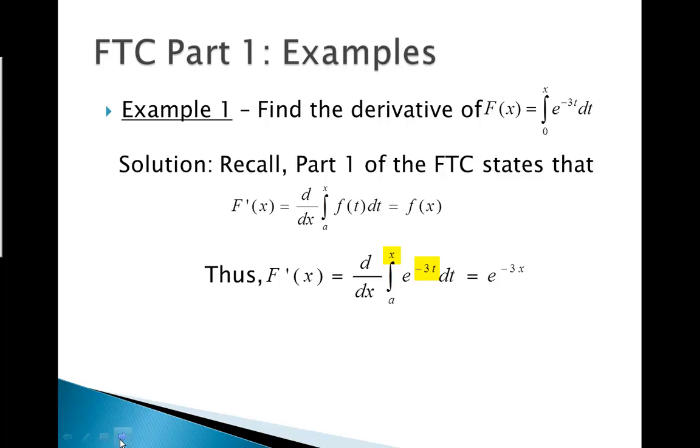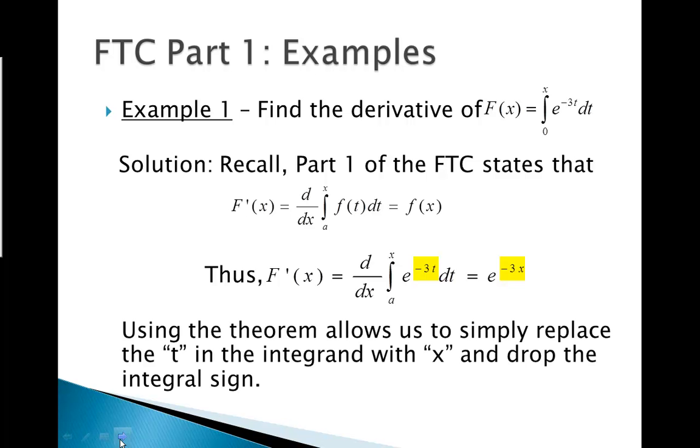So in our case, we replace t with x, and instead of e to the negative 3t, our final answer is simply e to the negative 3x. Again, applying the theorem allows us to simply take the upper limit x, put it in the place of t in the integrand, and there we have our final answer for the derivative.